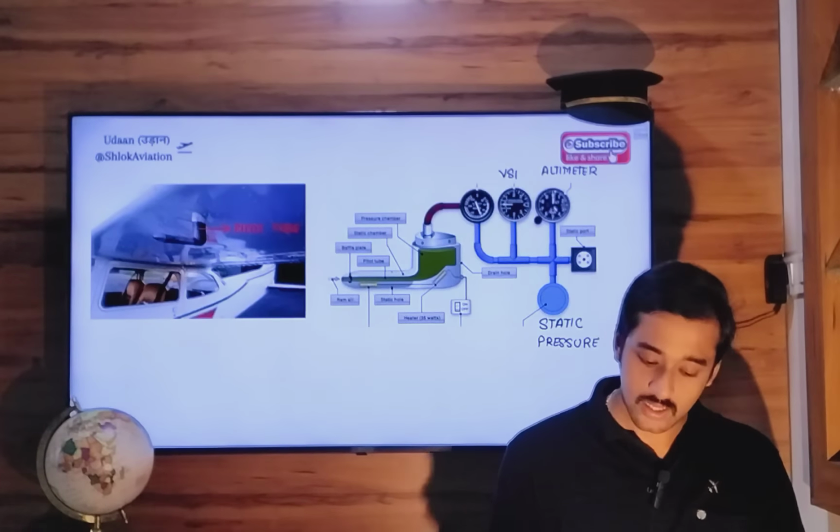So let's say there is a static pressure line which introduces static pressure into the instrument.